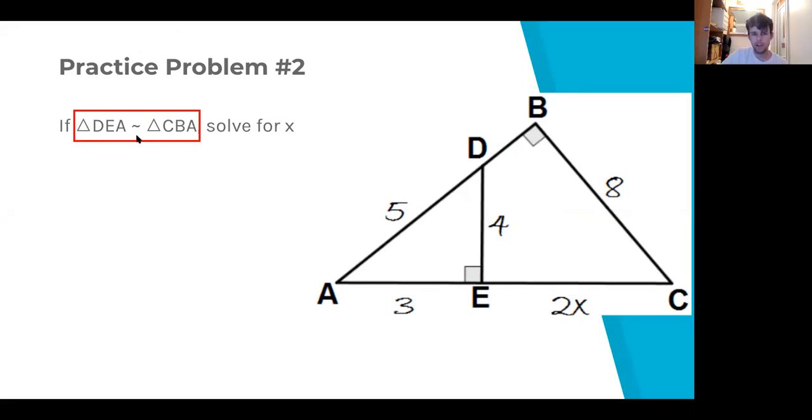So let's just match up the angles with each other. So angle D and angle C. Angle D in triangle DEA, so DEA is here, is going to correspond with angle C in triangle CBA.